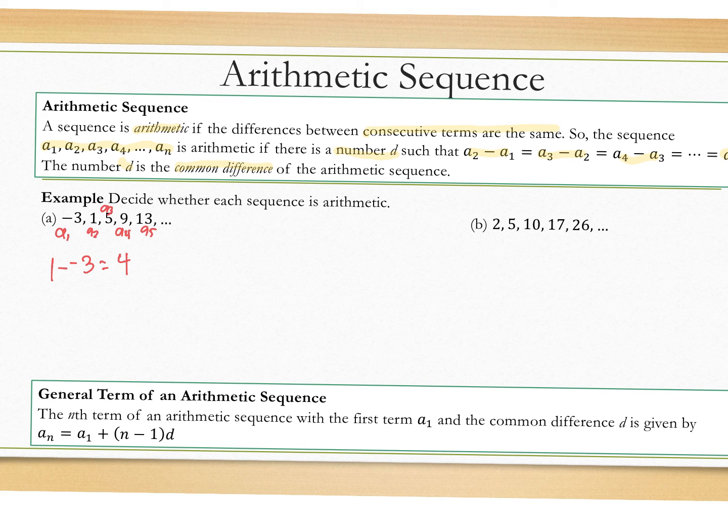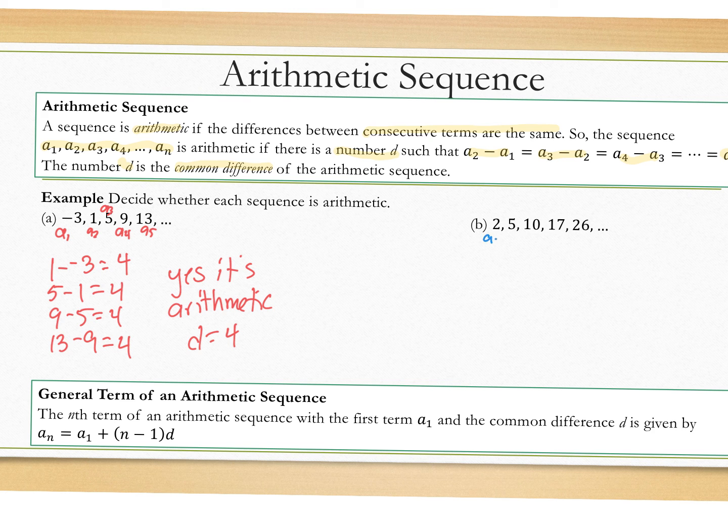If we take a3 minus a2, 5 minus 1 is 4. a4 minus a3, 9 minus 5 is 4. And 13 minus 9 is 4. So because we have the same difference, we say, yes, it's arithmetic. Common difference is 4.